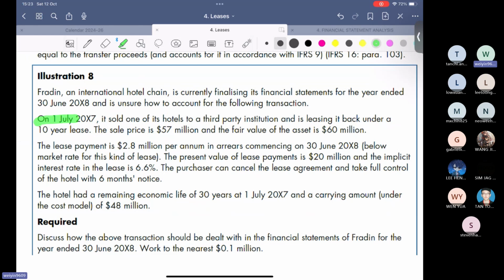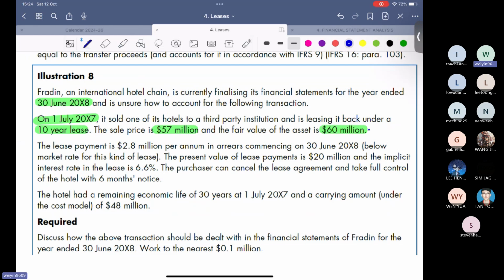On 1st January 20X7, year end 30th June 2008, it sold one of its hotels to a third-party institution and leased it back under a 10-year lease. The sale price is 57 million and the fair value is 60 million.